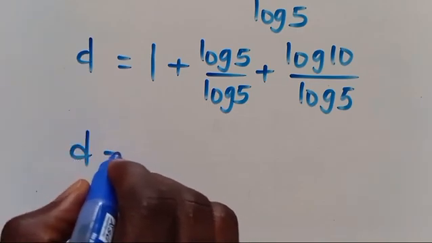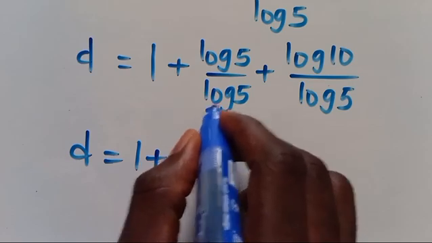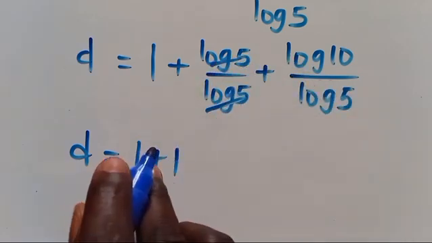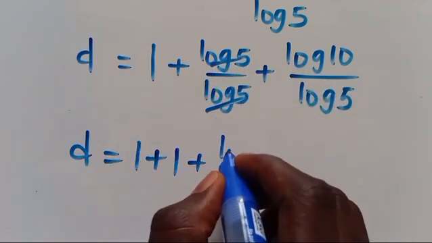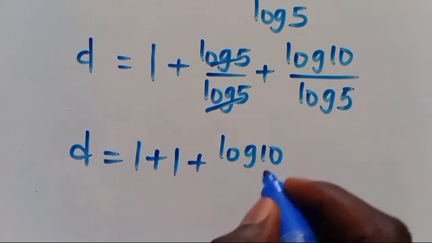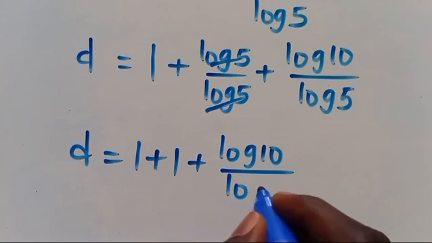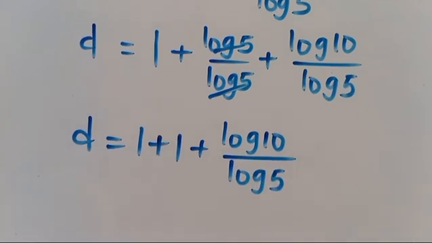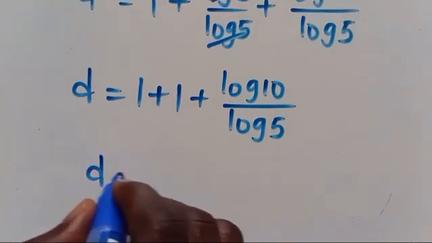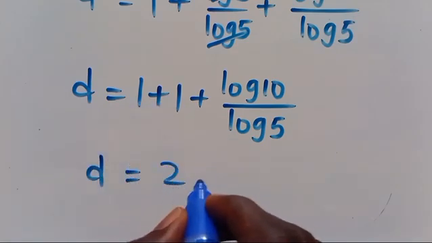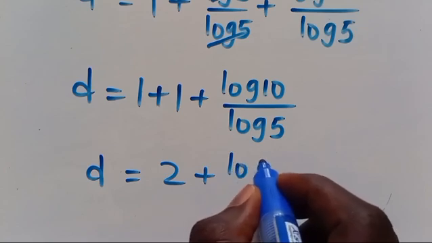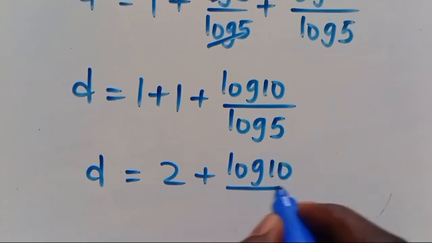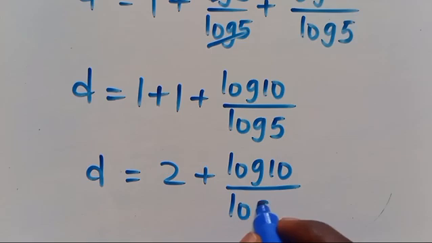This also gives us 1, so d equals 1 plus 1, which is 2, plus log 10 divided by log 5.